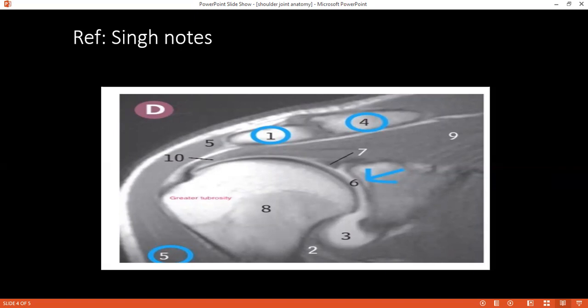What lies medial and lateral to this? The intertubercular groove has a lateral lip which has the insertion of the pectoralis major muscle, the floor has the insertion of the latissimus dorsi muscle, and the medial lip has the insertion of the teres major muscle. Teres major, very good.